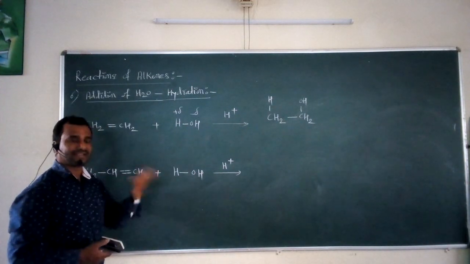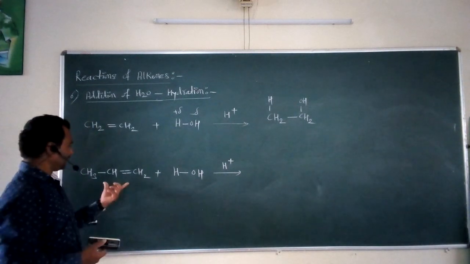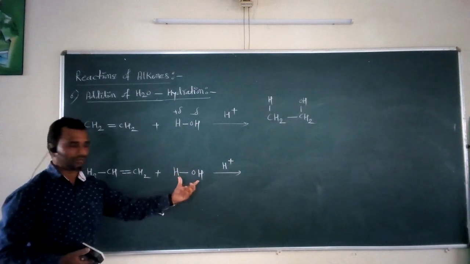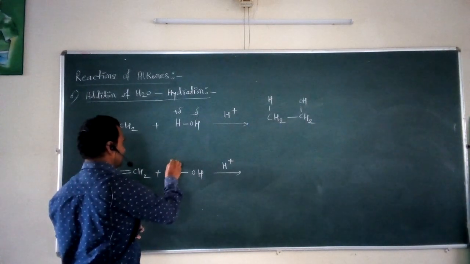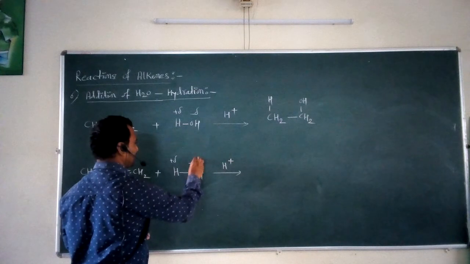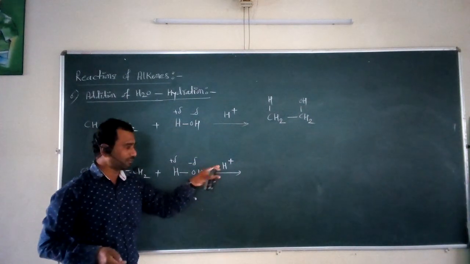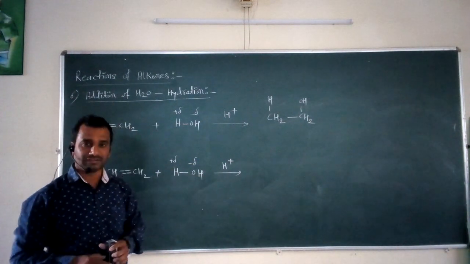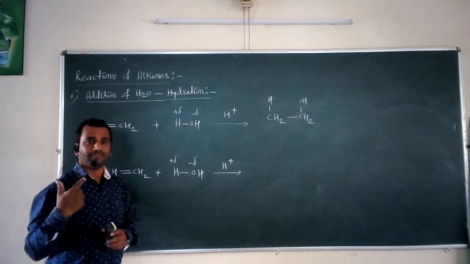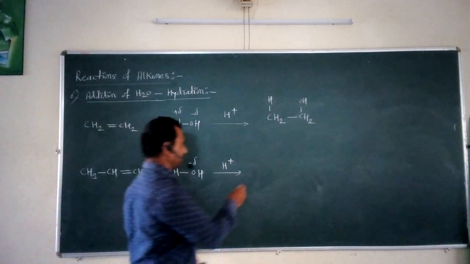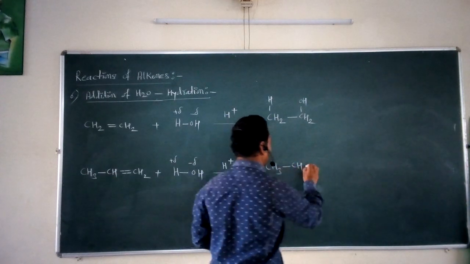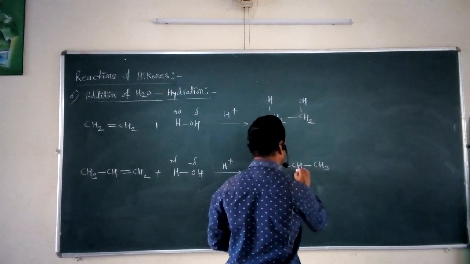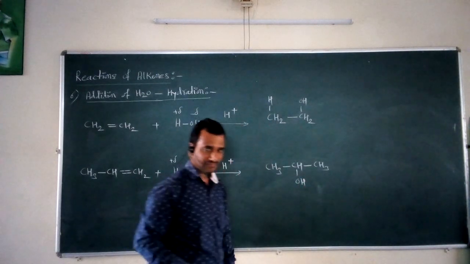Now, if I take the second example, propene, again we add an H2O molecule. In this H2O molecule again there is a partial positive charge on hydrogen and a partial negative charge on the OH, in the presence of H plus. Now what is the major product obtained in this reaction? You will get CH3 single bond CH single bond CH3 with OH.